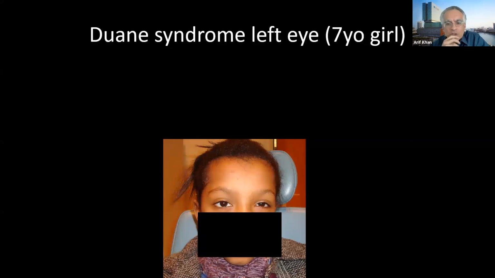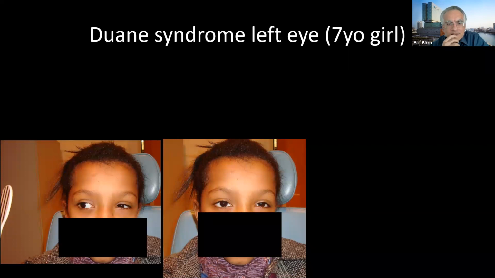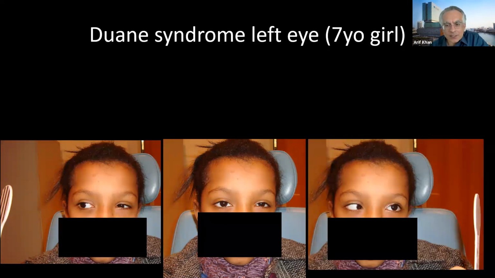And you can see in this girl with Duane syndrome in the left eye, when she tries to look to the right, she can adduct fine, but there's some co-contraction. That's why the palpebral fissure is smaller, because the lateral rectus is inappropriately contracting at the same time. And when she abducts, she cannot abduct fully because the lateral rectus was not appropriately innervated by the sixth nerve nucleus. The indication for surgery in Duane syndrome is if we have a significant abnormal head position or if there's significant strabismus in primary.